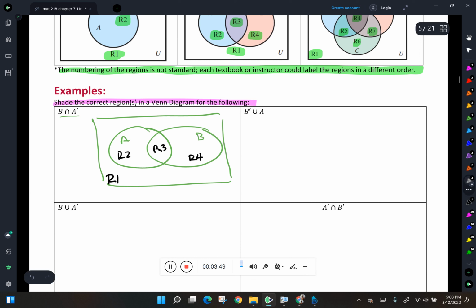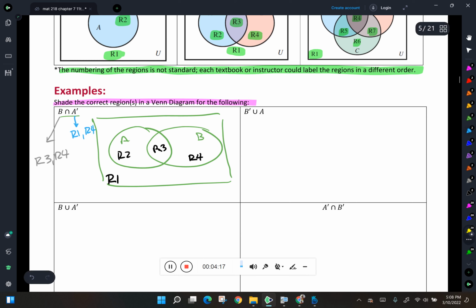And here's one way to do this problem, not the only one. B is Region 3 and Region 4 in that picture. A complement is Region 1 and Region 4. Remember, A complement is the stuff not in A, so outside of the A circle is 1 and 4.